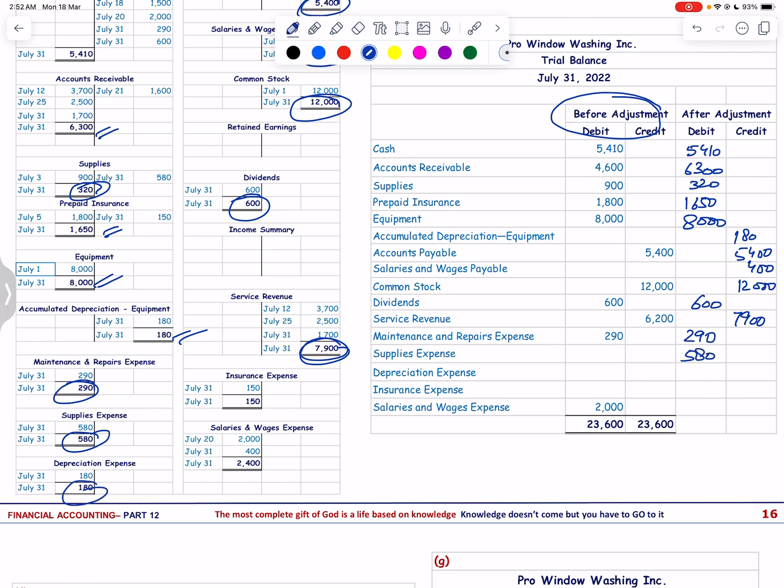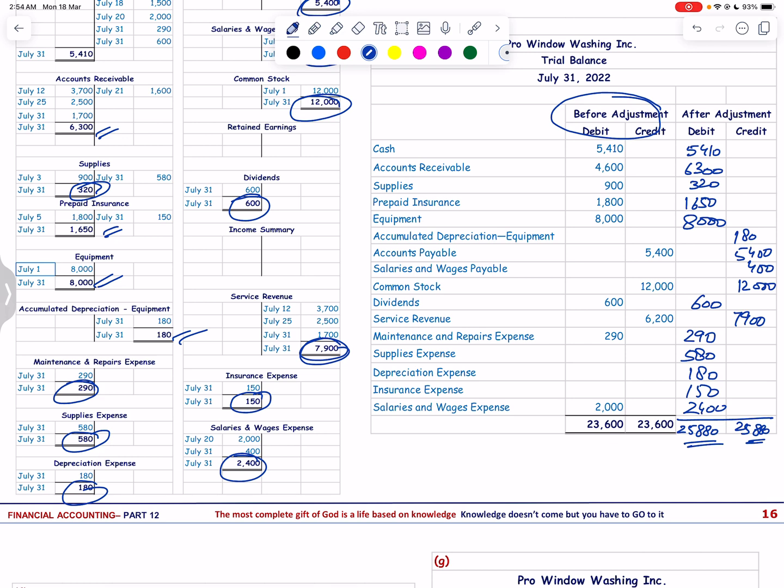Insurance expense is 150. And finally, we have salaries and wages expense, and that is 2,400. So now if we make the total, debit is 25,880, and the same is the total for credit, 25,880. So the two sides are equal, so mathematically it is correct.